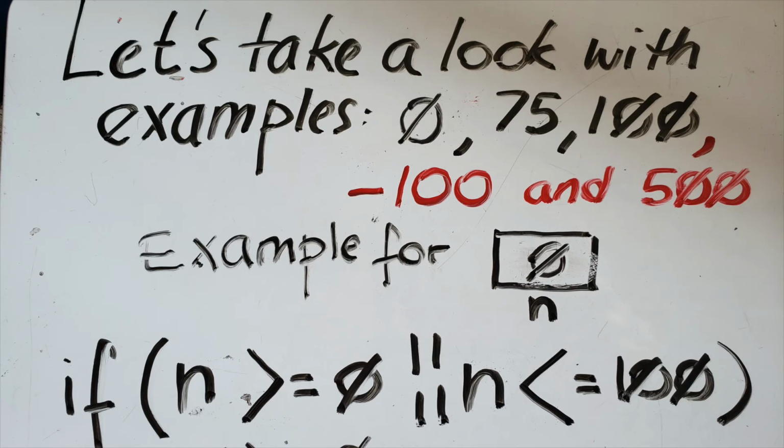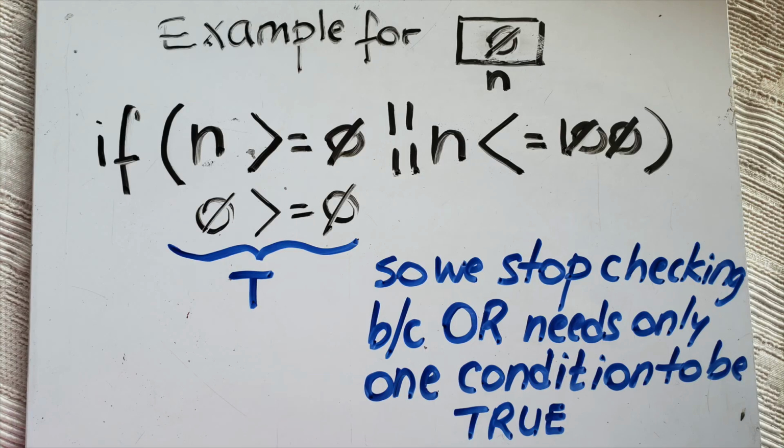Spelling it with OR will be a logical error, and we're going to test this condition with 5 values. 3 that are within the range and 2 that are outside of the range. So 0: we check if 0 is greater than or equal to 0, the condition is true.